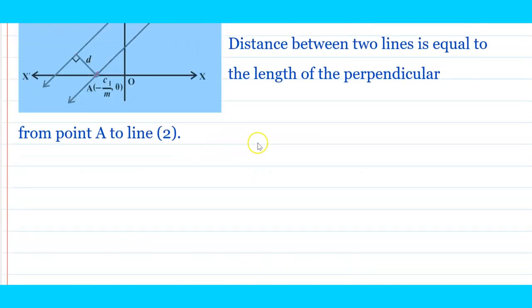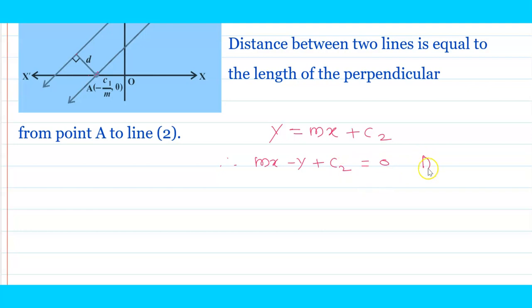Now see this here, y is equal to mx + c2. The equation of this line can be written as mx - y + c2 = 0.